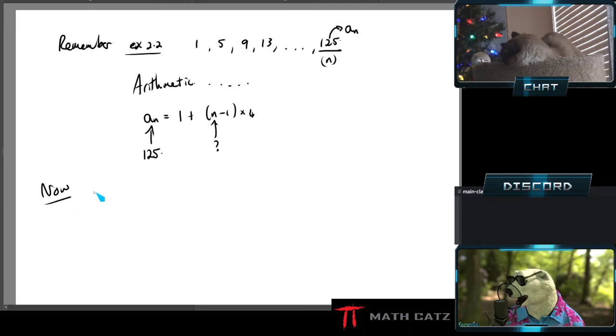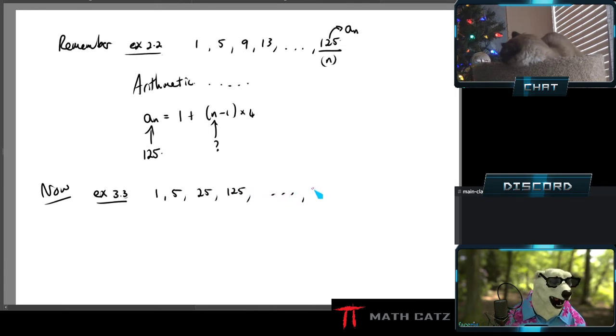Now, exercise 3.1: 5, 25, 125, and it continues until it hits 9,765,625.